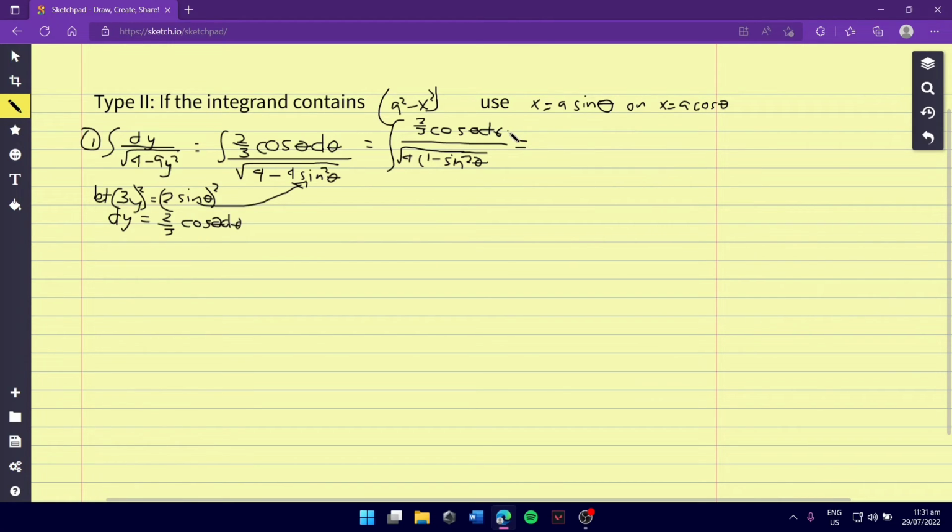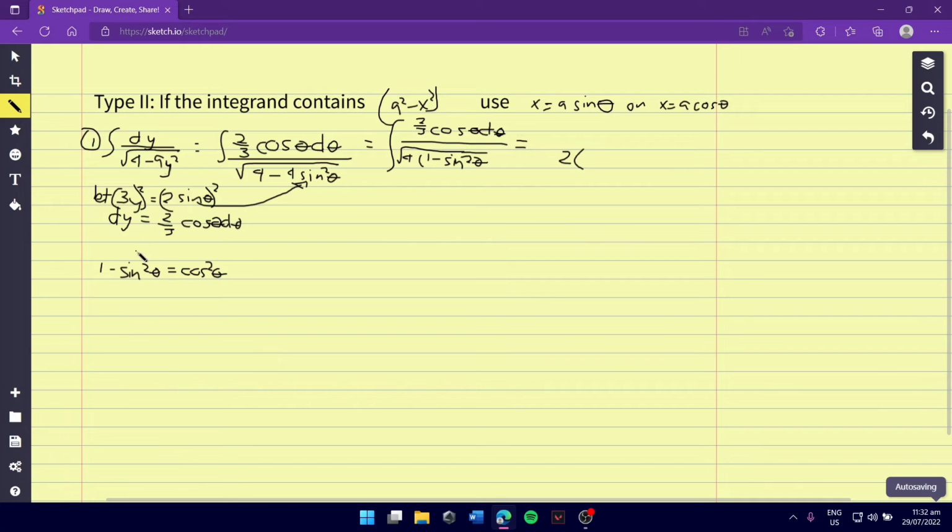So next, the square root of 4 will become 2, and then 1. So 1 minus sine squared theta is equal to cosine squared theta.